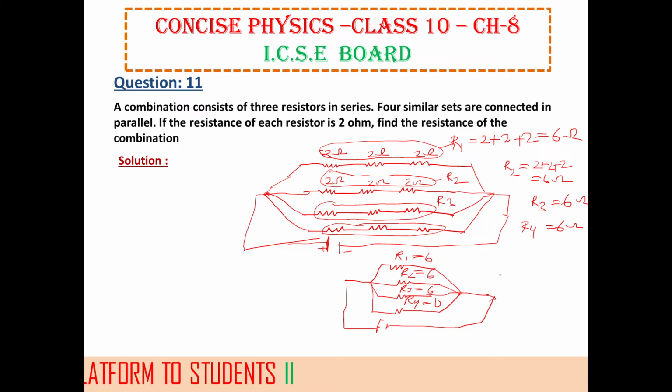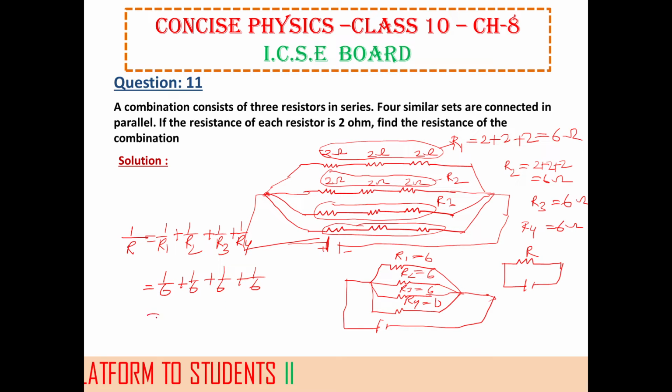If I put another equivalent resistor R in place of these 4 sets, we can write 1 by R equal to 1 by R1 plus 1 by R2 plus 1 by R3 plus 1 by R4. Put the value 6: 1 by 6, 1 by 6, 1 by 6.